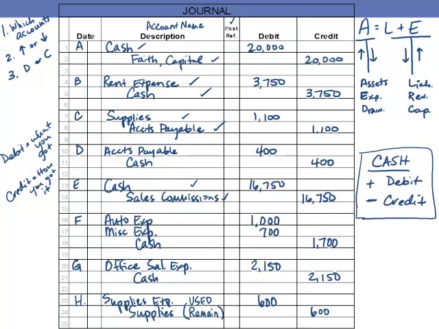Okay, another observation looking at this now that we have the journal completed. Notice that expenses are only debited. Every one of them. We never credited an expense. Cash, we debit, credit, debit, credit. Cash comes in and out. Accounts payable, we debited and credited. We incurred it and then we paid it off. But expenses are not.